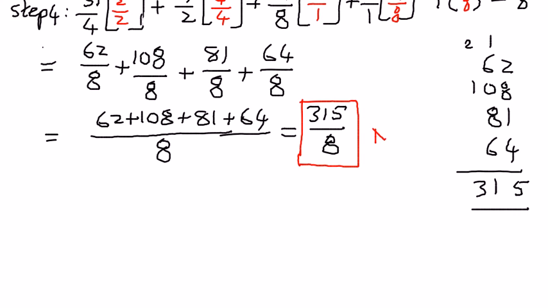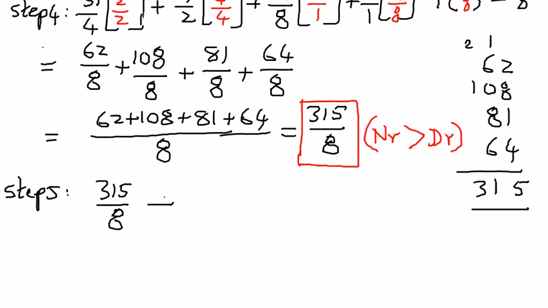Since the numerator value is larger than the denominator value, these types of fractions are called improper fractions. But if we want to express this improper fraction as a mixed number, we can do that. We take 315 divided by 8, and we're going to perform the long division process here. 8 times what number is equal to or less than 31? 8 times 3 is 24.